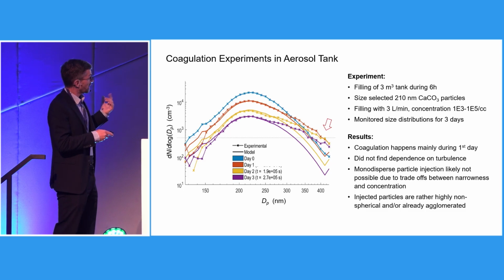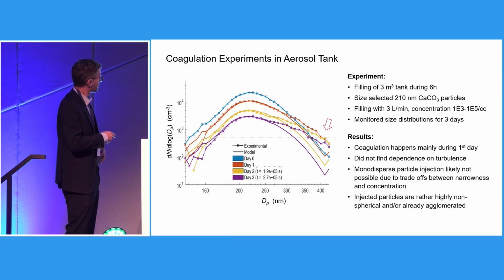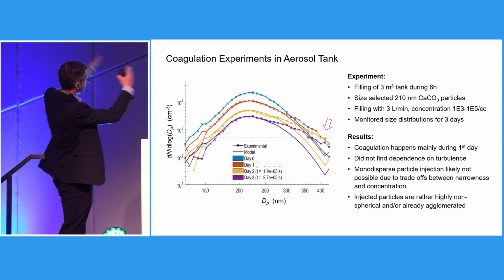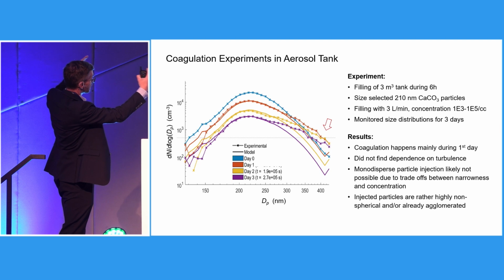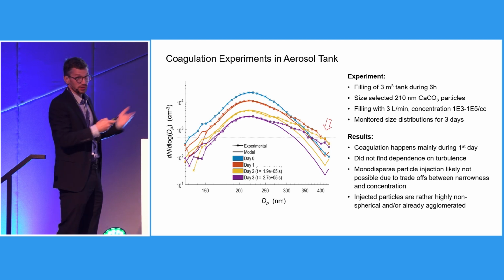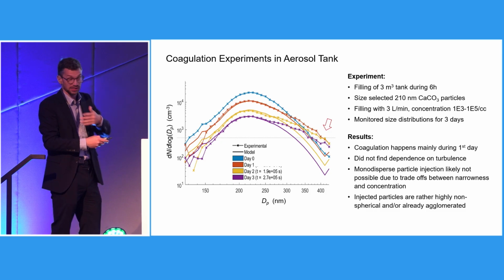We didn't find a dependence on turbulence. Turbulence likely has no effect, but there is a trade-off between the narrowness of the size distribution and the concentration. The narrower you make your size distribution, the lower the concentration, because you select more particles away.